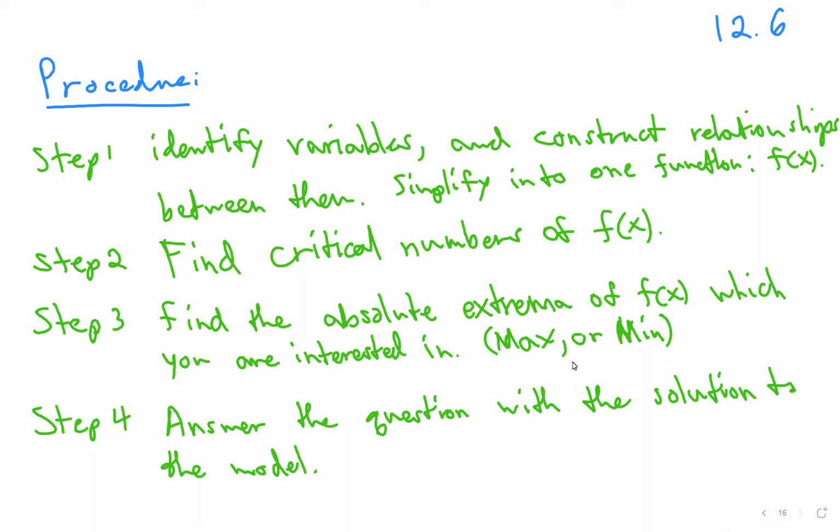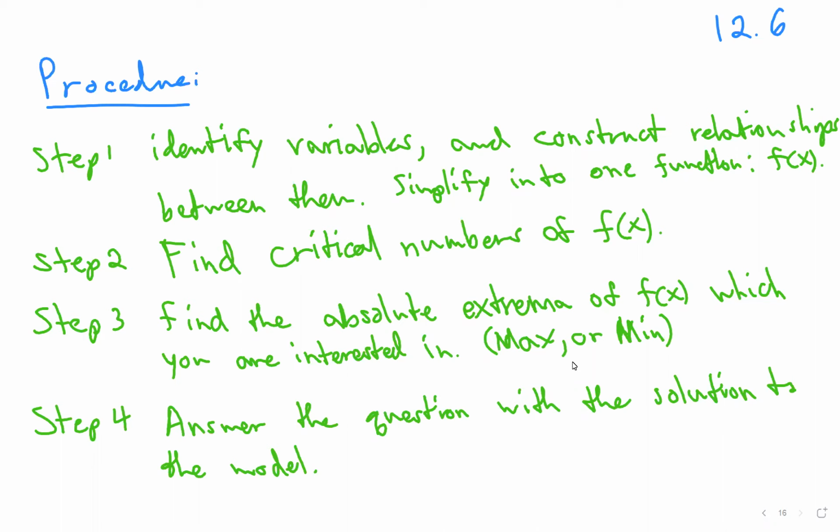You then try to construct relationships between the variables. So finding equations which could relate different variables to each other or relate different constraints to each other. And you would then try to simplify all of that into one function, one f of x, to allow you to operate or find the optimal way of operating your business or your situation, your optimization problem with regards to that function.